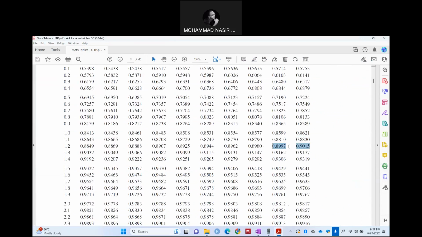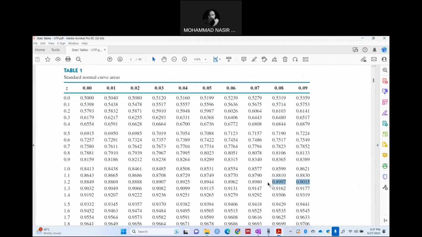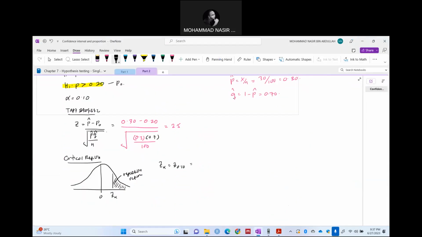Maybe 1.28, 1.283 actually, the exact value. But we don't have the exact value, so we can estimate and take 1.28.